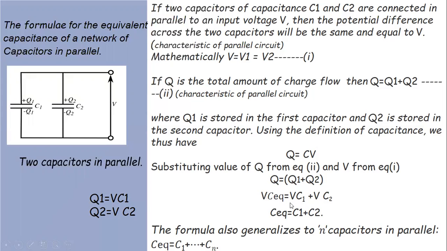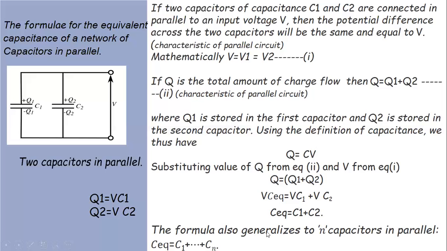Q1 equals V times C1, since the voltage is the same as the source voltage. Similarly, Q2 equals V times C2. Now taking V common, it cancels out.